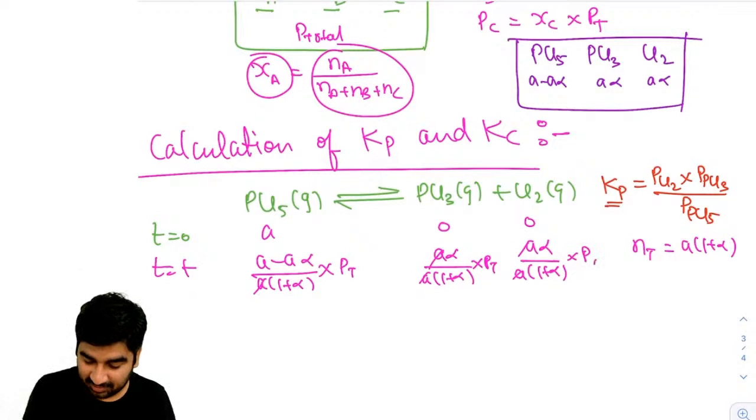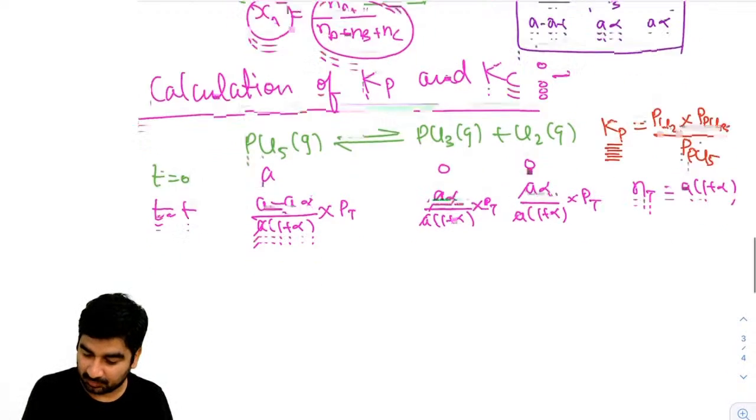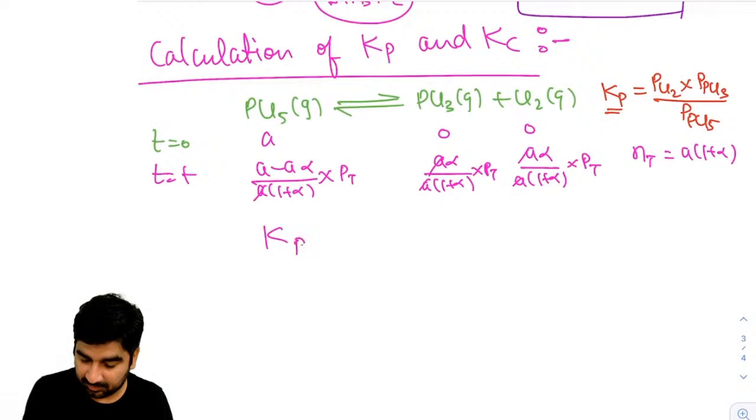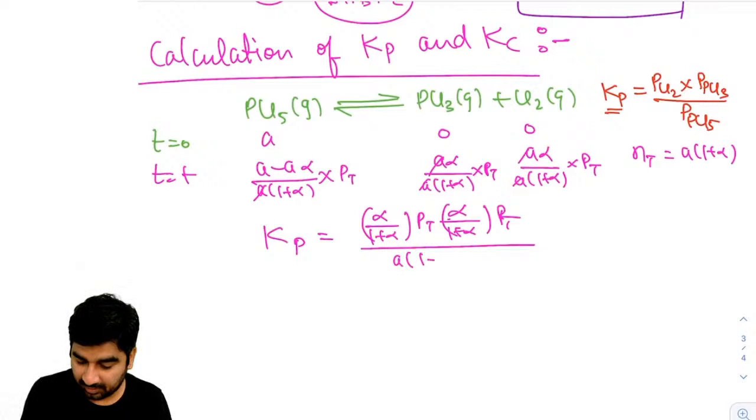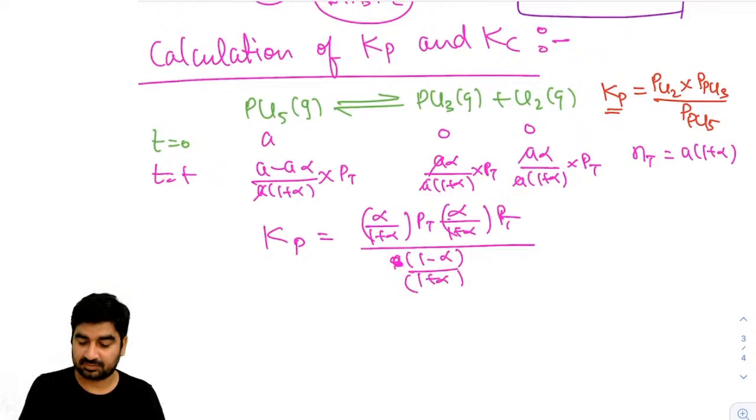So here you will get Kp equal to alpha over 1 plus alpha into P total, alpha over 1 plus alpha into P total, over 1 minus alpha over 1 plus alpha into P total. So P total will cancel out, 1 plus alpha will cancel out. Now you will get alpha square over 1 minus alpha square into P total.